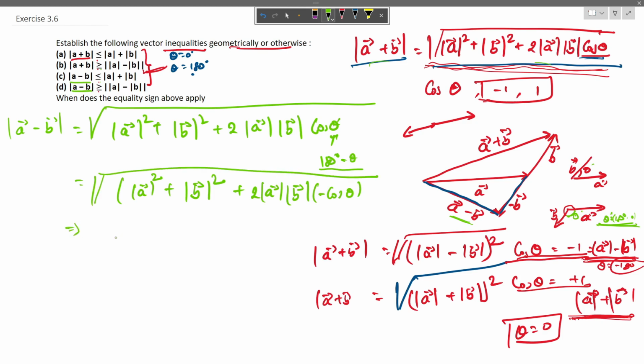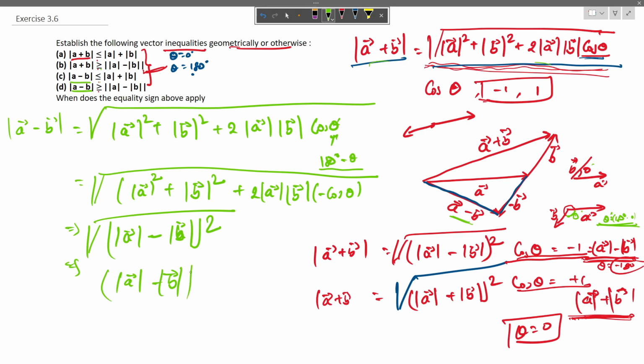Now this will turn out to be the magnitude of vector a minus the magnitude of vector b, whole square. Now this will turn out to be the magnitude of vector a minus vector b.